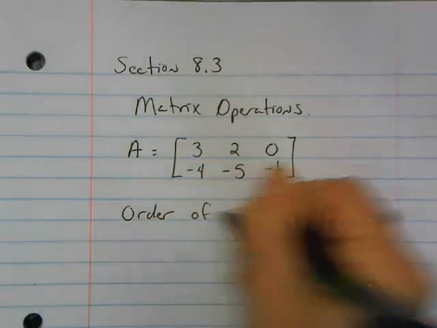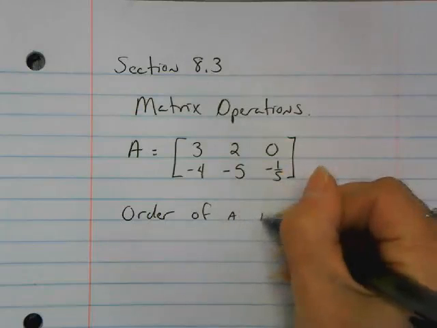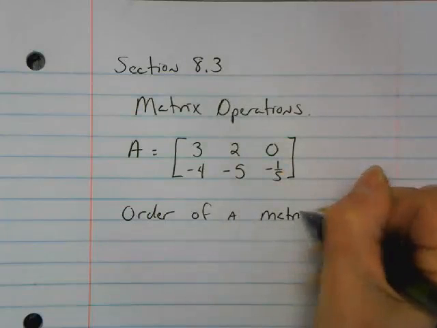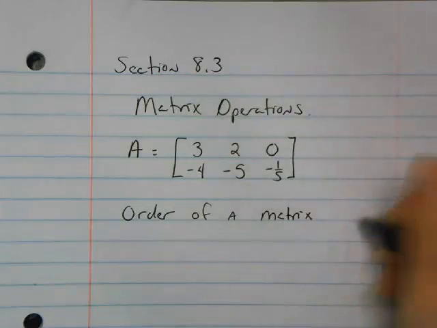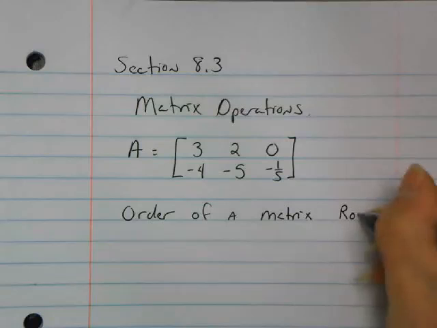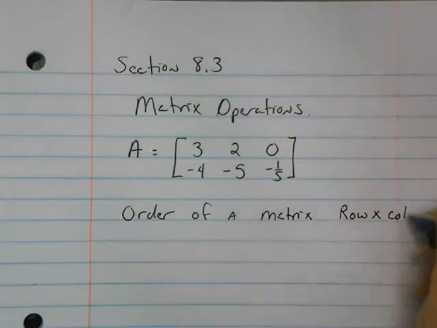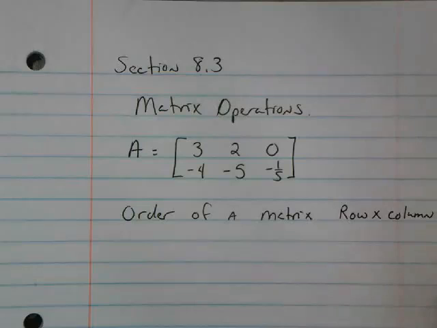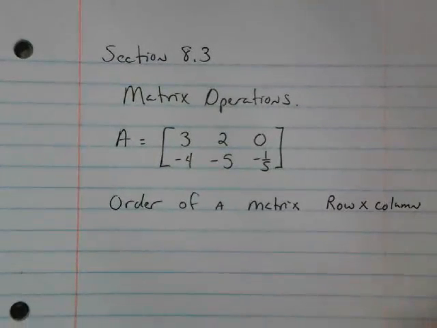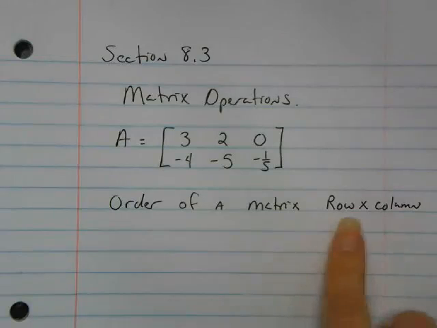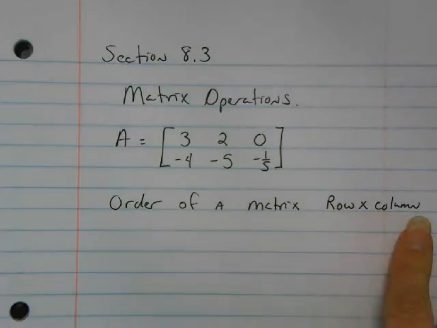The order of a matrix is defined as rows by columns. So its order is the number of rows by the number of columns.